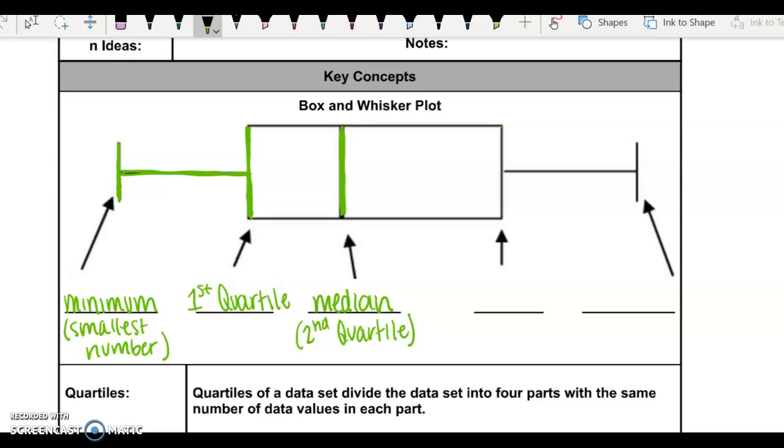Our next vertical line is the edge of our box to the right, and this is our third quartile. And then that third quartile uses a whisker to attach it to our maximum.